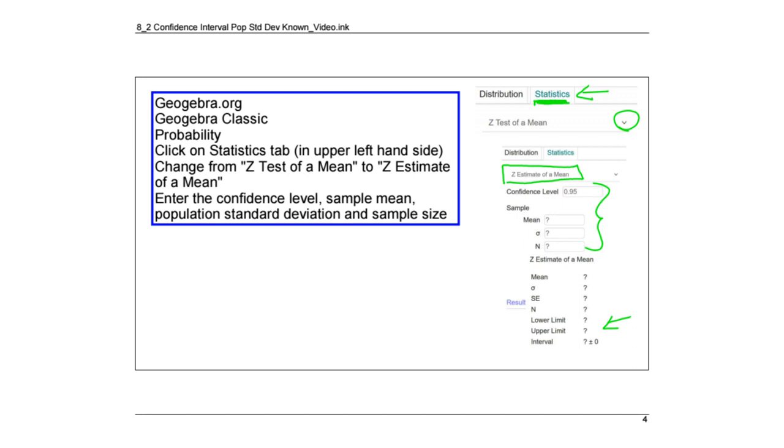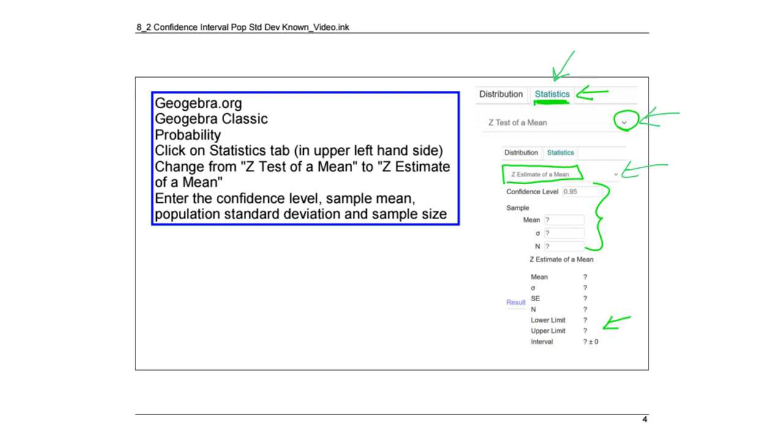This time, though, for confidence interval, we are going to click on the statistics tab, and then we have to change the menu here. It's going to always come up as Z test of a mean. We're going to test later, but right now we're looking for estimate. So we need to change it to Z estimate of a mean. That's going to give us our confidence interval if we know the population standard deviation.